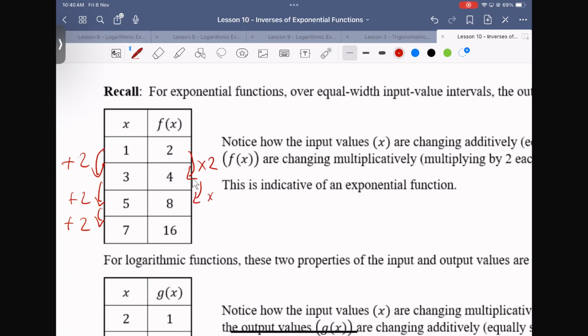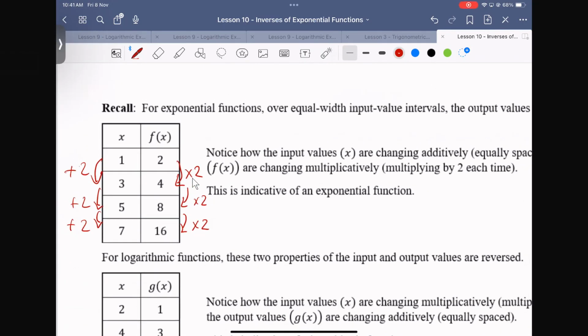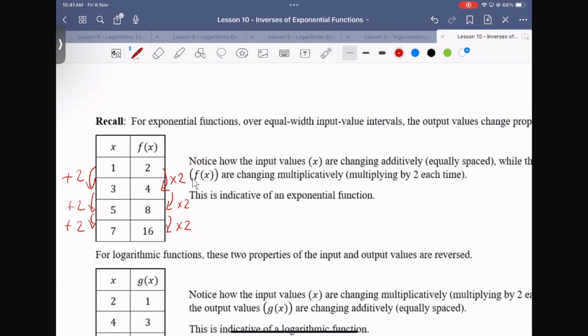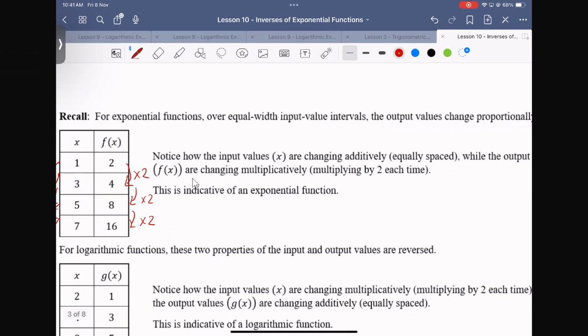So this is multiplicative. This constant proportional output change, with a proportionality of ×2, is a multiplicative increase using multiplication, whereas the other one's an additive increase using addition. It's a linear scale. So the exponential function has a linear input value and a proportional output value.